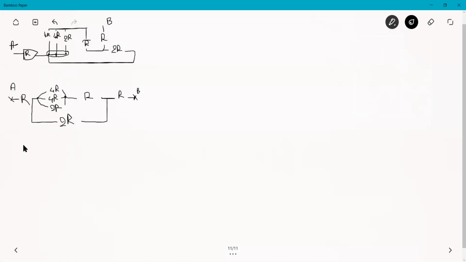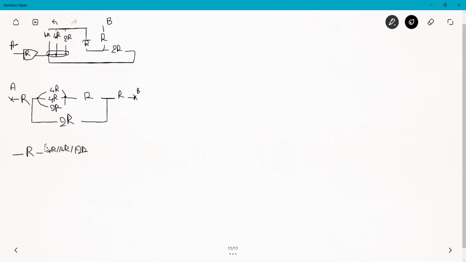All right. So again, to help you, especially at the beginning of this class, feel free to draw a lot. And you have here an equivalent resistor, which is 4R parallel to 4R parallel to 2R.